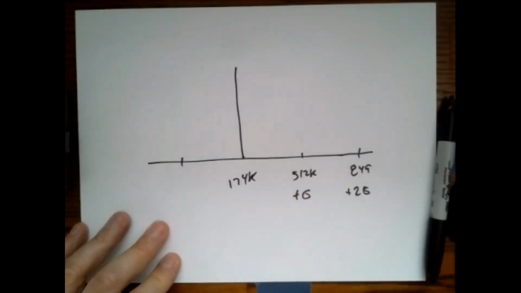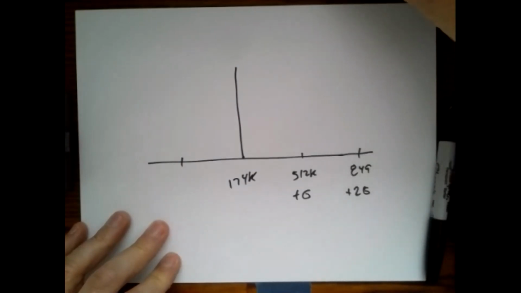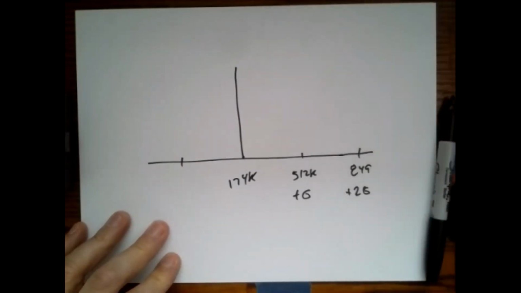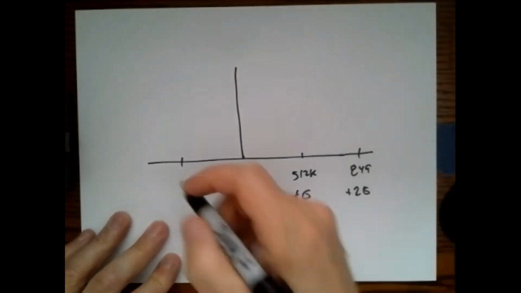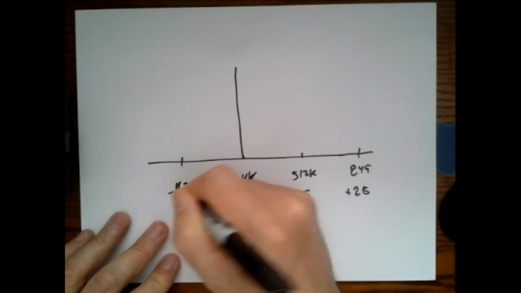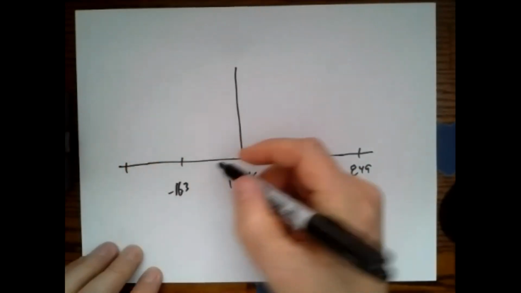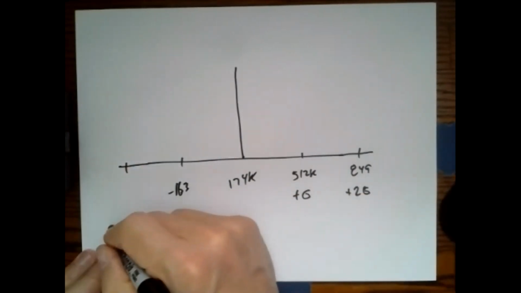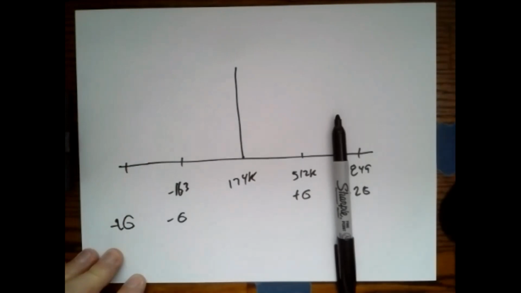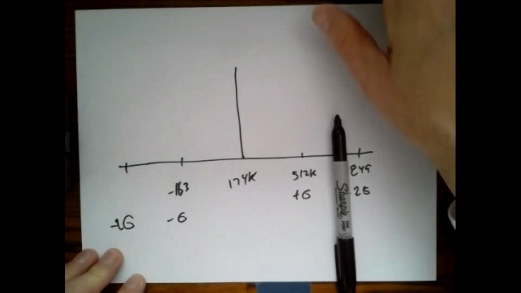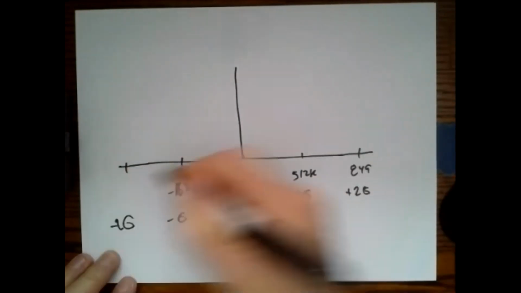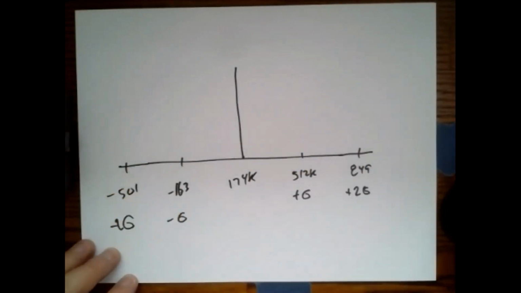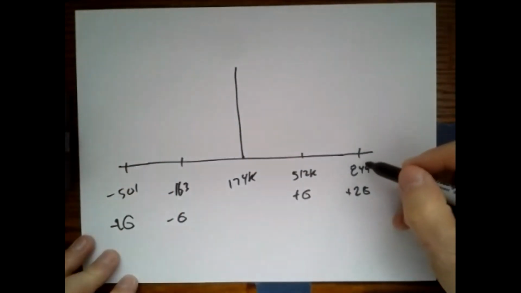And then minus one standard deviation would be minus 163. And minus two standard deviations would be minus 501, right? So what's significant about this?